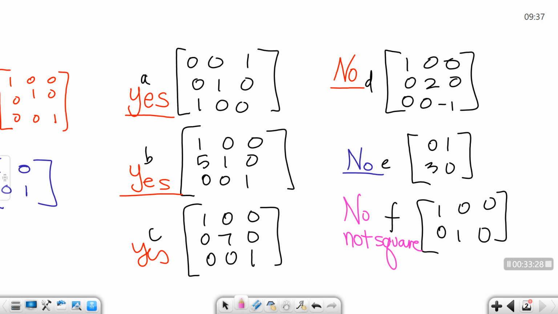Okay, so that's all going to come from this equivalent statement. So we know that if A is invertible on that sheet, then all of these other things have to be true as well. AX equals B has a unique solution. AX equals 0 has only the trivial solution. A is row equivalent to the identity. A can be written as a product of elementary matrices.